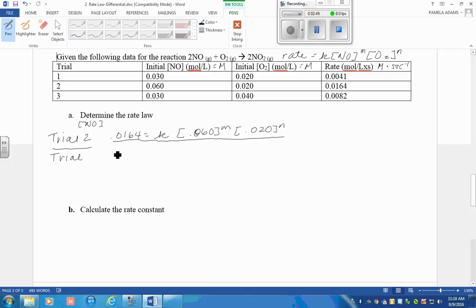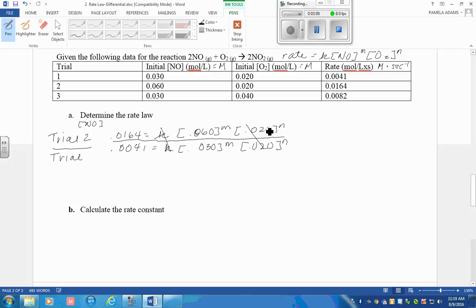Okay, and then trial 1, 0.0041 is equal to the rate law constant times our concentration of NO times our concentration of O2. We can see that k divided by k would give us 1, so that drops out.